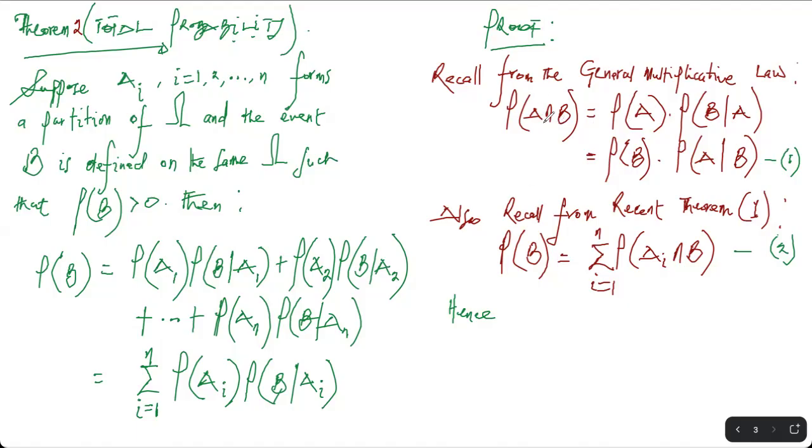So if the probability of A intersection B is given by this, then the probability of Ai intersection B is also given by the probability of Ai, and so on and so forth. It's just a notational difference. Okay, so let me just quickly add that. So i, and then I could also have i here.